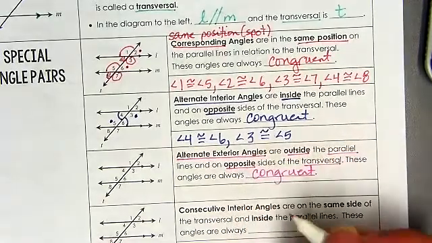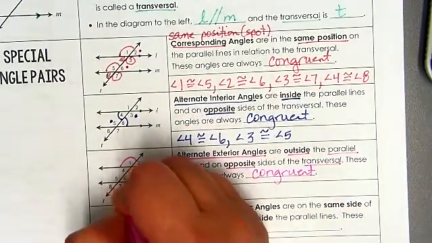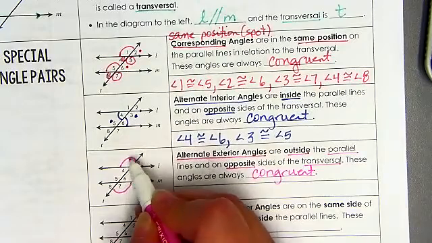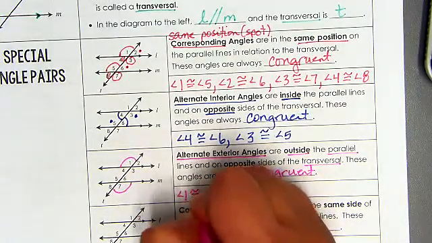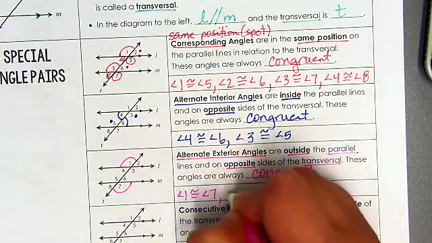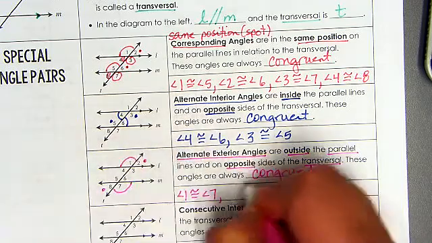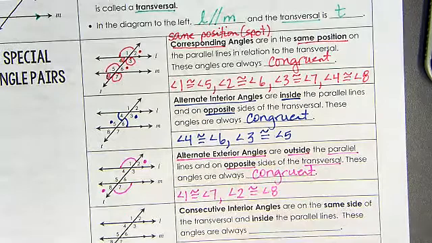And they're going to be 1 and 7. They're on opposite sides of the transversal and outside of the two parallel lines. So angle 1 is congruent to angle 7. And then we have 2 and 8. Angle 2 is congruent to angle 8.